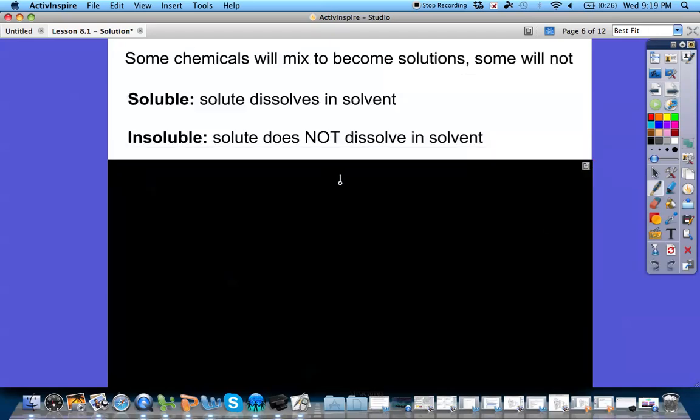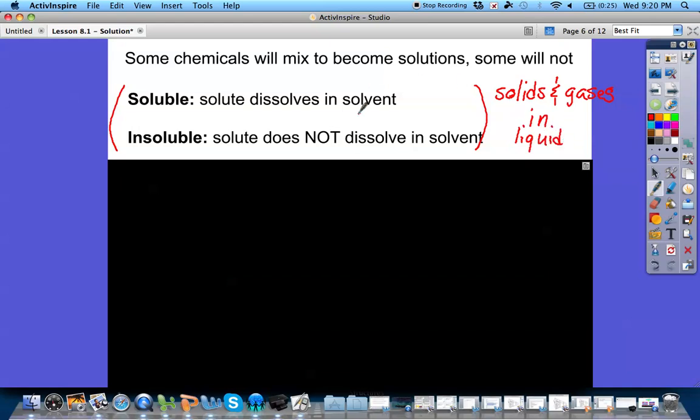So soluble and insoluble. A soluble is a solute that dissolves in the solvent. Insoluble, the solute does not dissolve in the solvent. These terms are referring to both solids and gases in liquid.